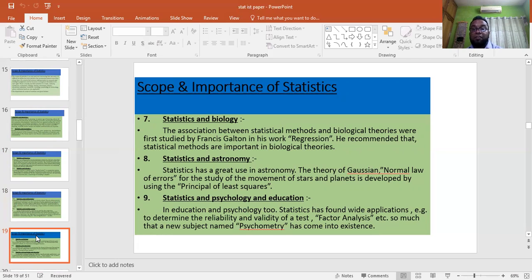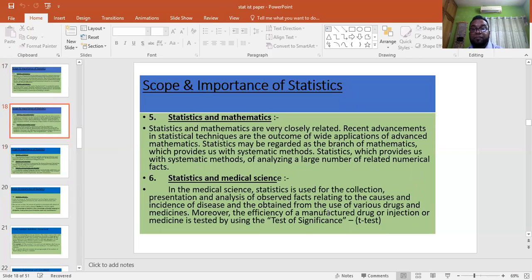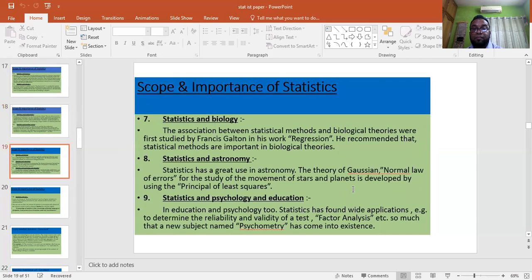In education and psychology too, statistics has found wide applications to determine the reliability and validity of a test, factor analysis, etc., so much that a new subject named psychometry has come into existence. For psychology, a statistics branch named psychometry is established.